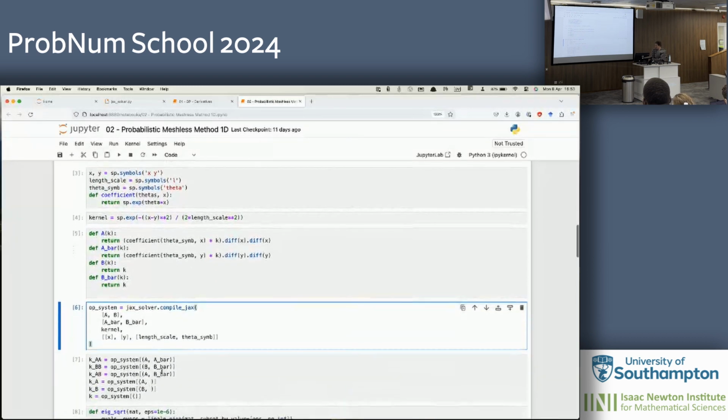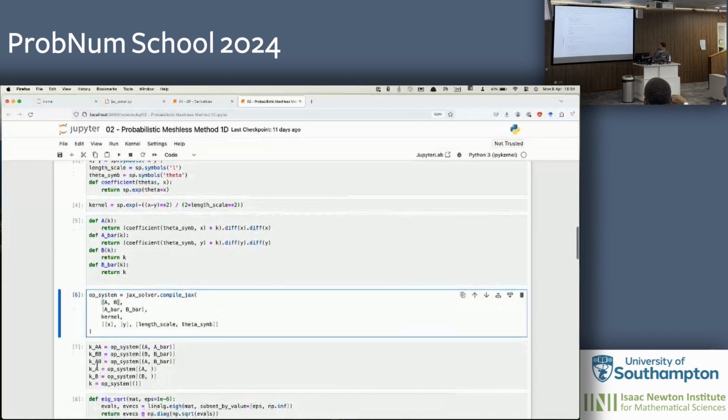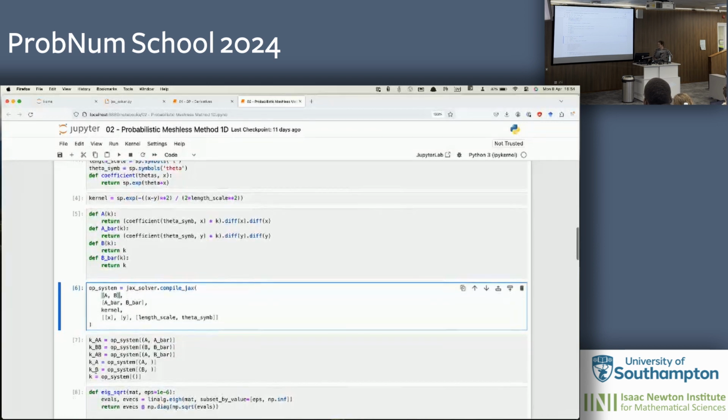So now we've got jacksolver.compilejax, which basically takes these 4 operators specified as 2 lists and forms all the pairwise compositions of those 2 lists, to give me, counting is hard, 6 functions, which are all of the relevant pairwise compositions up to being able to transpose the matrices. So I've got KAA, KBB, KAB, KA, KB, and just K.